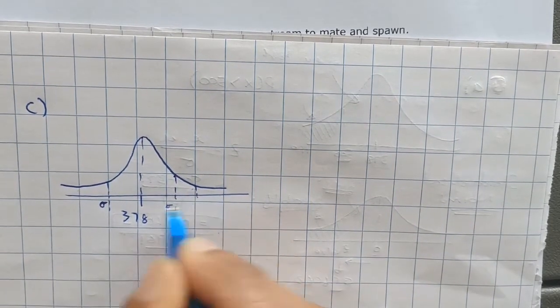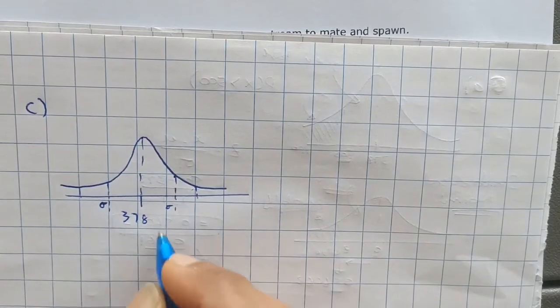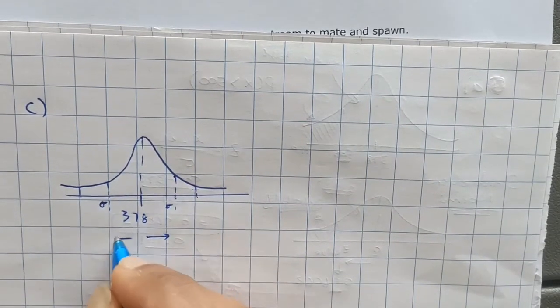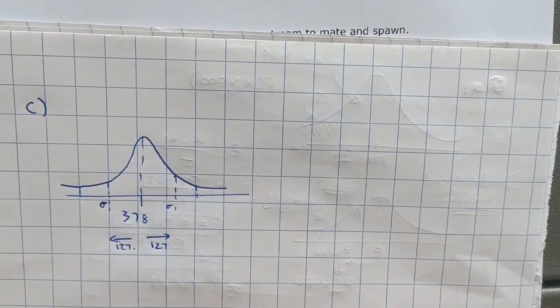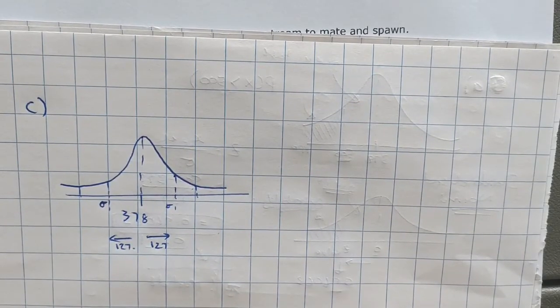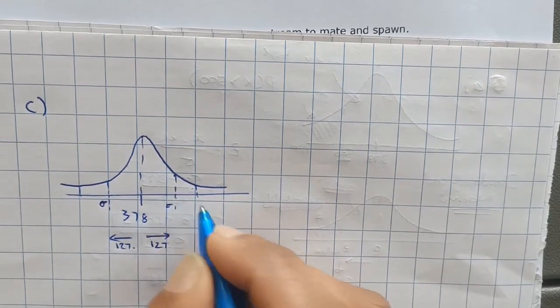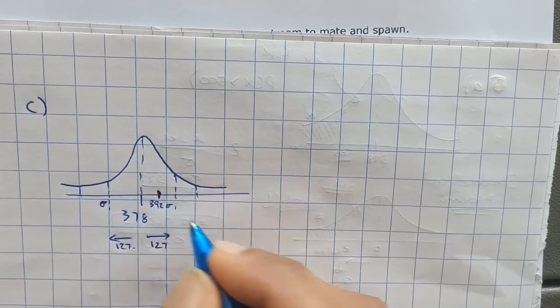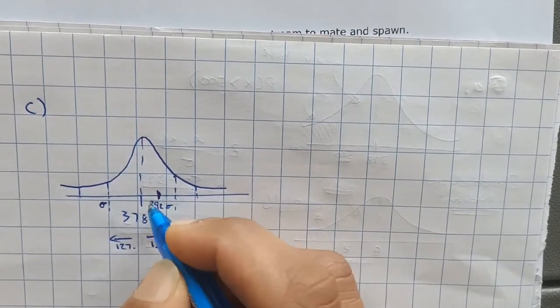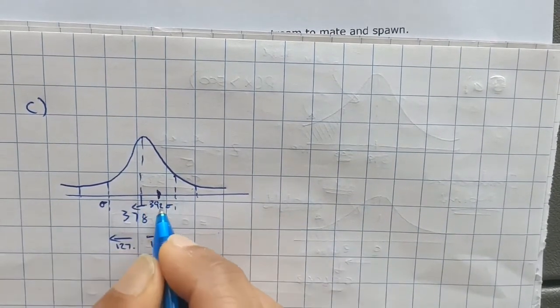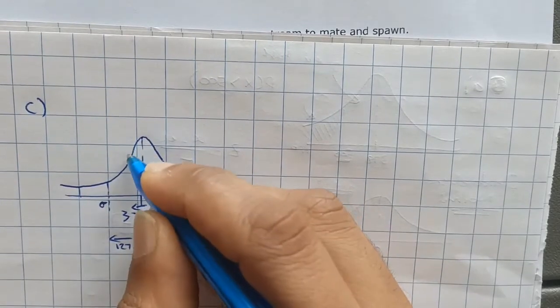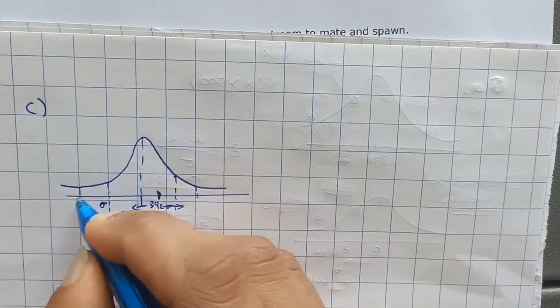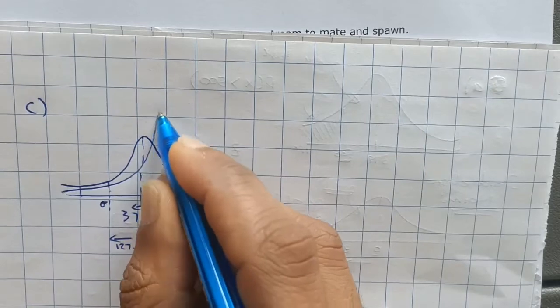If you add 2 times the standard deviation, remember that's plus or minus 127. Now we're saying that this mean has now changed to 392, which is, let's say it's around here somewhere, right? 392. But the standard deviation is 88 before it reaches that same probability on the standard normal curve.